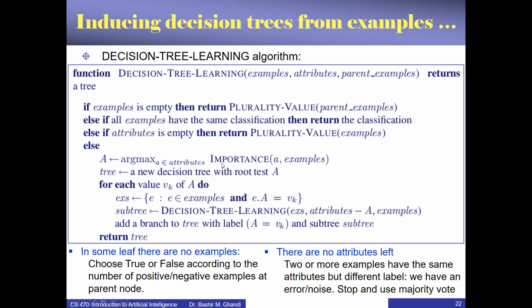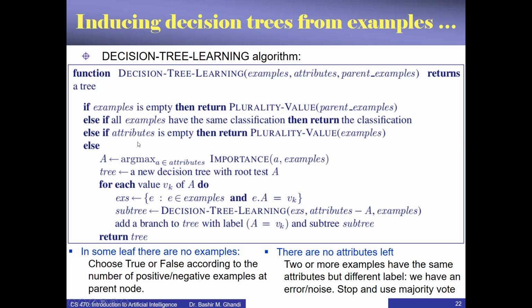Normally we would use the examples to decide whether we should return true or false, but here we attempt to go to a branch and have no more examples to deal with. So if you have no more examples, refer back to the parent, based on the plurality value of the parent.